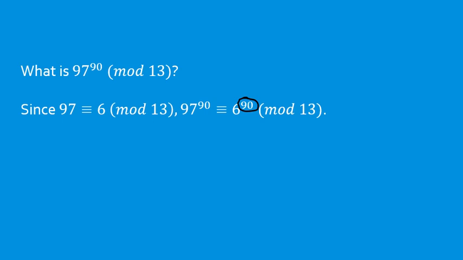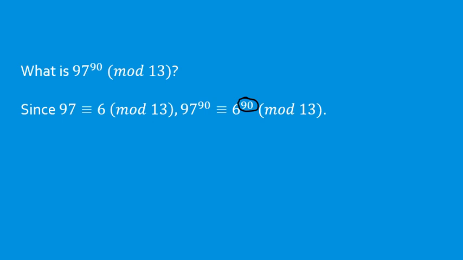I could consider 6 squared, or 6 cubed, or 6 to the 5th, or 6 to the 9th, 6 to the 10th, whatever. But take a smaller power of your base, in this case 6, and again, choose your power so that it's a factor of the exponent that you currently have, and figure out what 6 raised to that smaller power is modulo 13 in this particular problem.